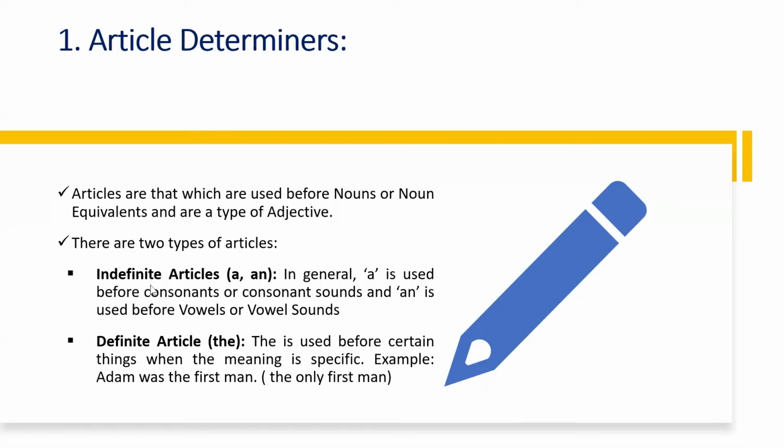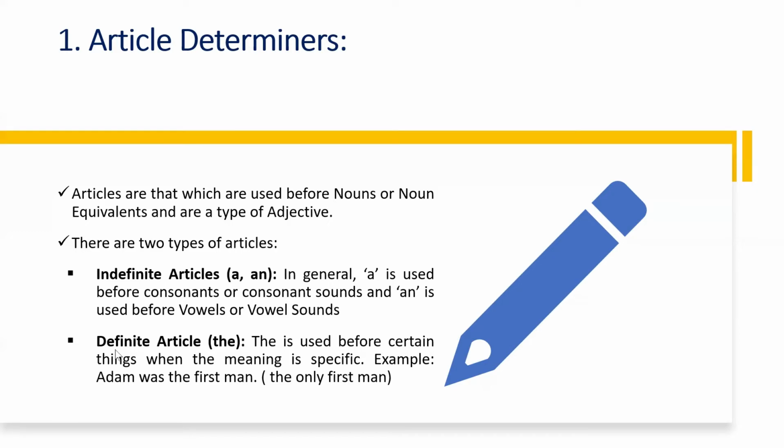Number one, indefinite articles. The examples are a and an. In general, a is used before consonants or consonant sounds, and an is used before vowels or vowel sounds.